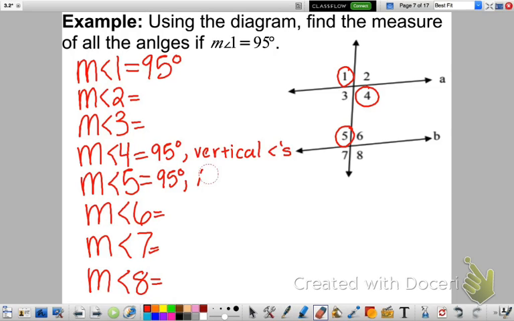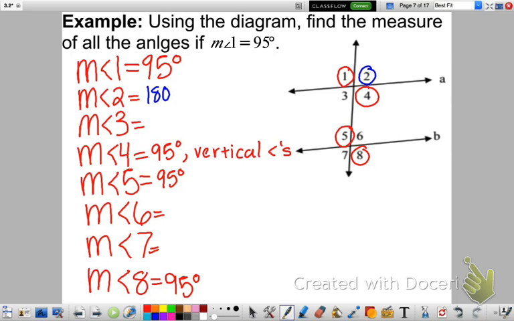And we won't list the reasons. Or we could say 5 is congruent to 1 because they are corresponding angles. And then lastly in that set will be 8. 8 is vertical to 5, corresponding to 4, or alternate exterior to 1. Now, that leaves us with 2. 1 forms a linear pair with 2.